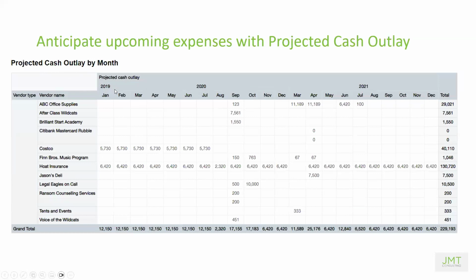It's the fiscal years up here. We've got fiscal years in play here so that January of 2020 technically falls in the 2019 fiscal year. You're able to see what period you're going to owe what, so you have an idea of what's upcoming, what will need to be paid.